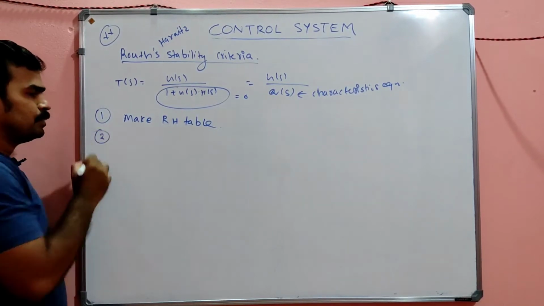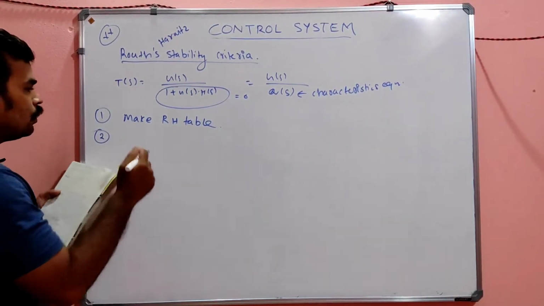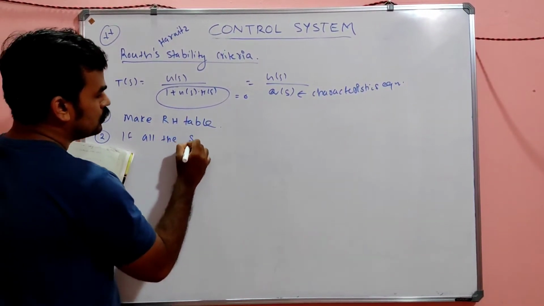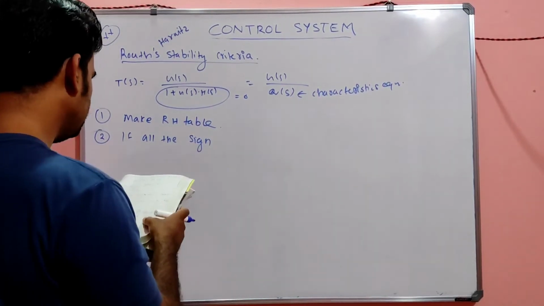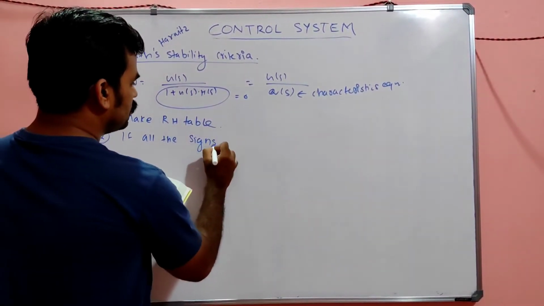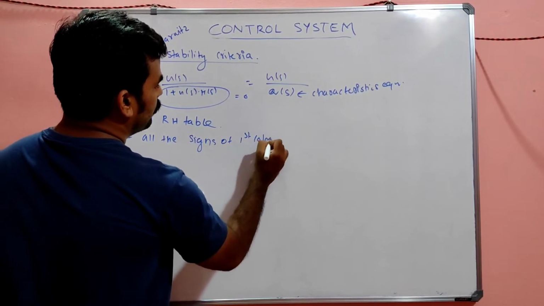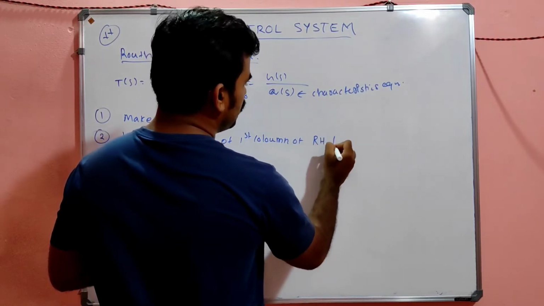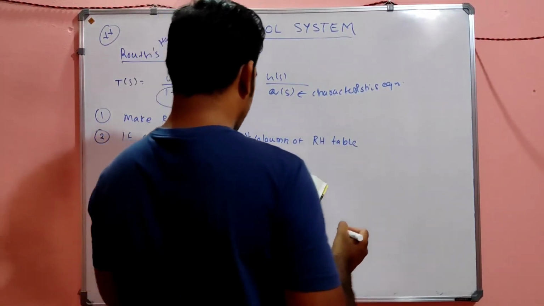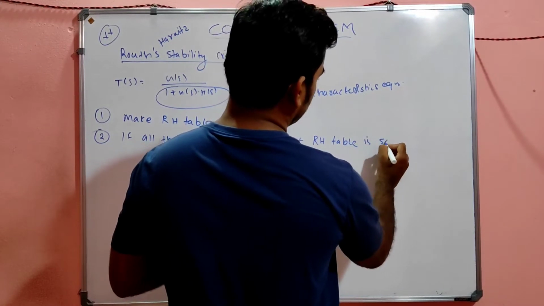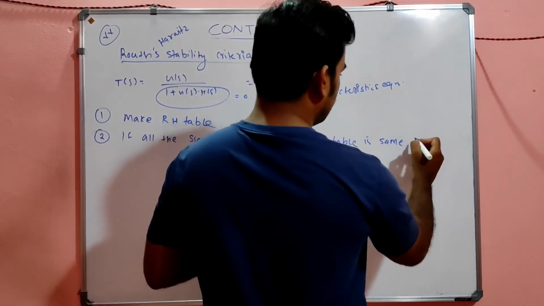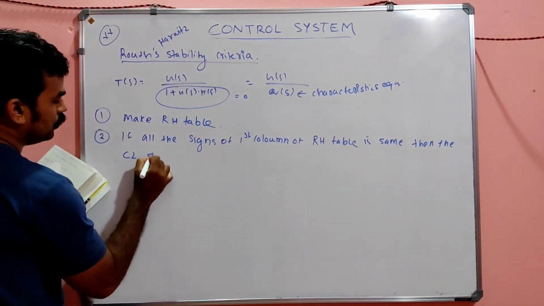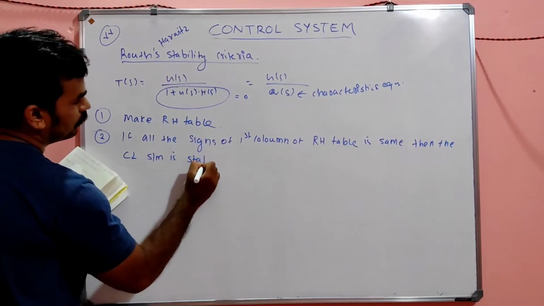So what is the next step? The next step is, my dear, if all the signs of the first column of a Routh Hurwitz table, or simply RH table, are the same, then the closed loop system is stable.